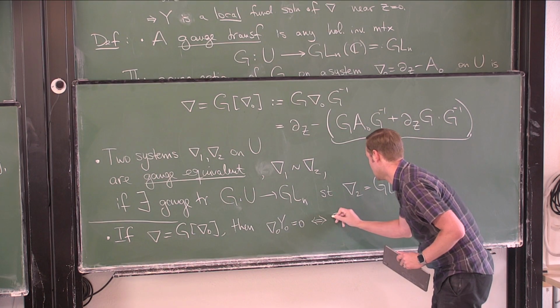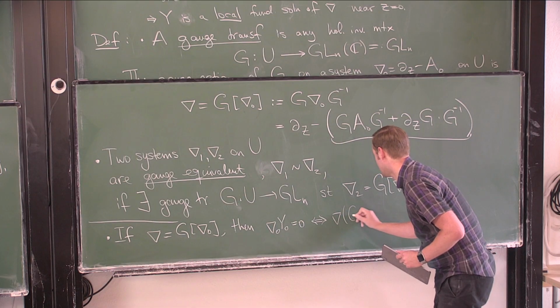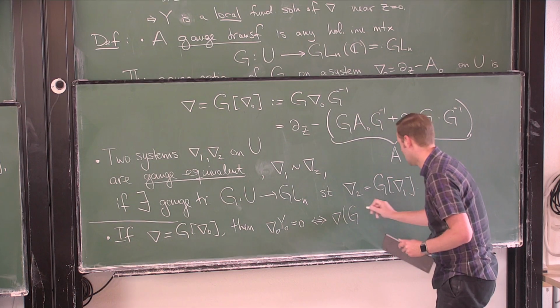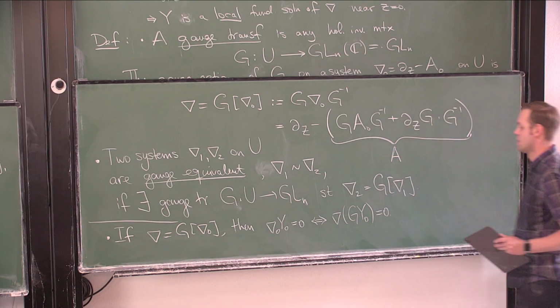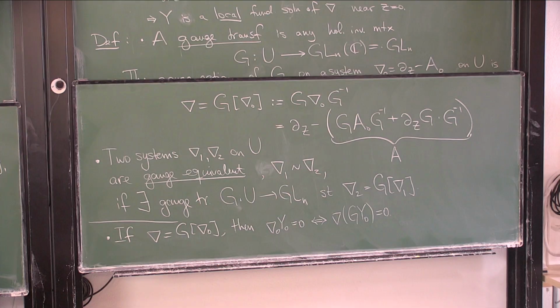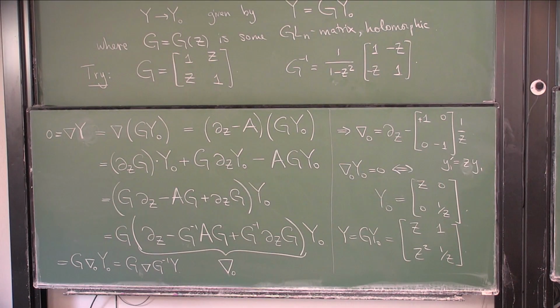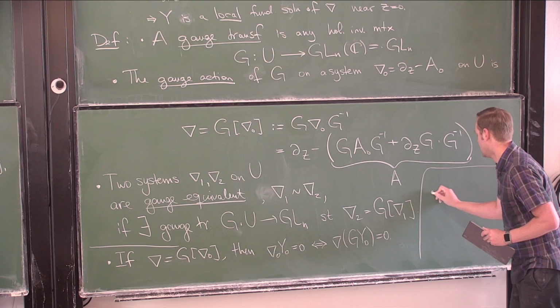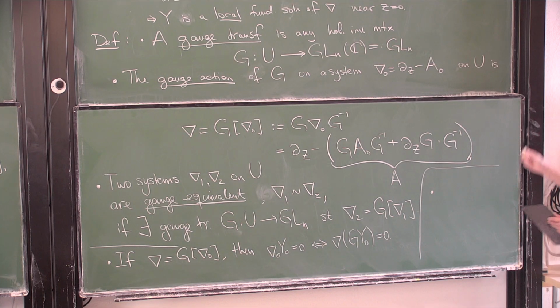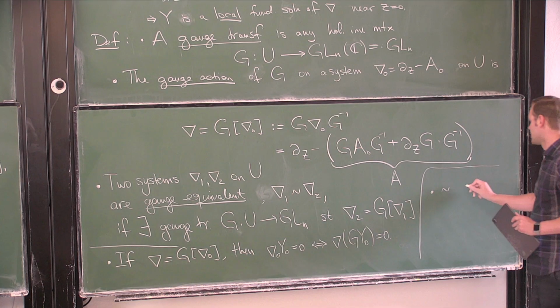So nabla G to 0. Or maybe the other note that I should make is that, as the name suggests, this gauge equivalence is an equivalence relation.